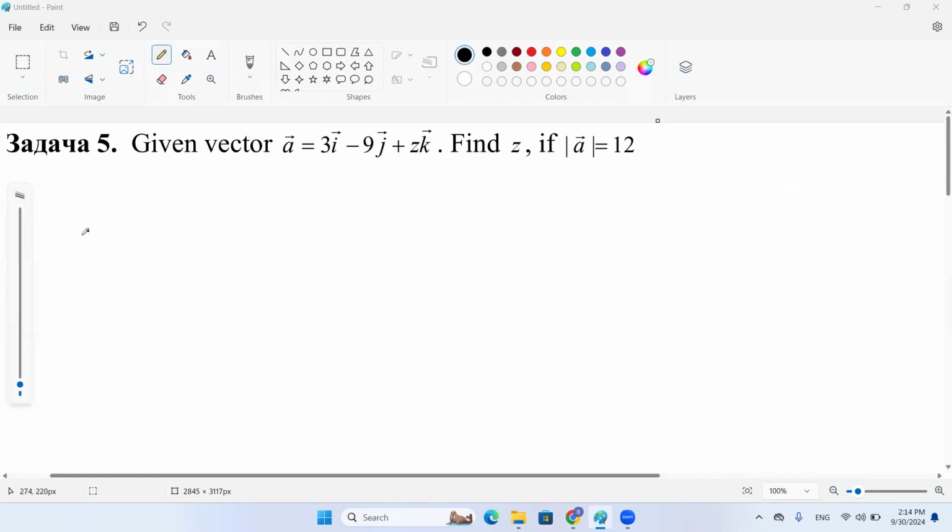Yeah, we decompose the model vector like a, I forgot the square root. A square root, and the sum of coordinates in power of 2.